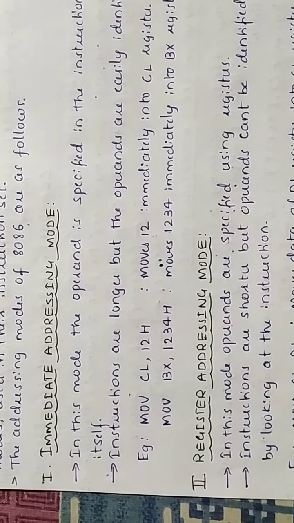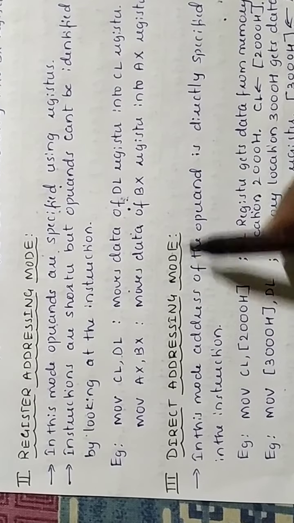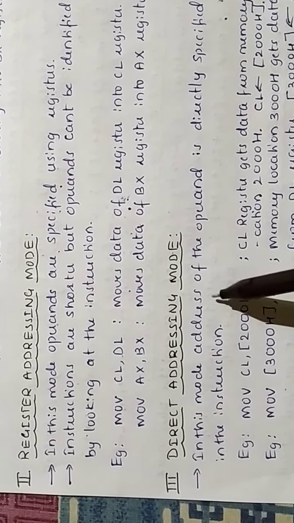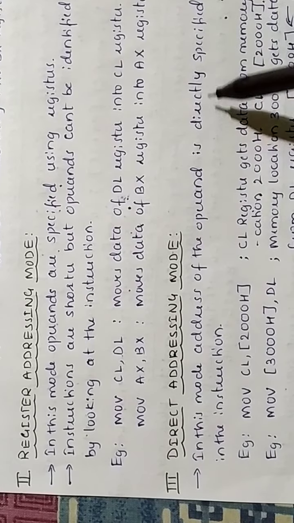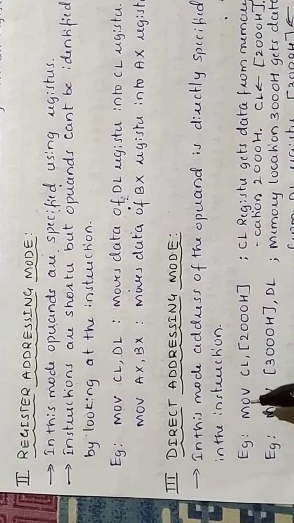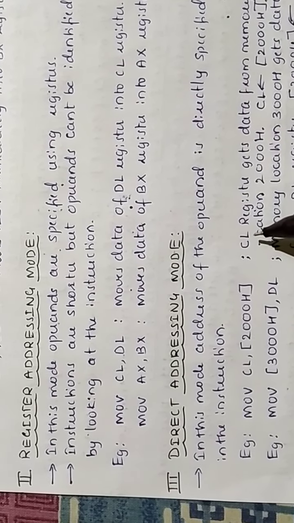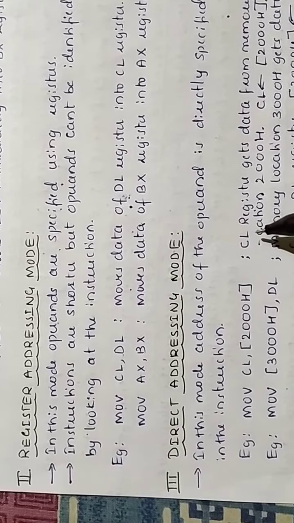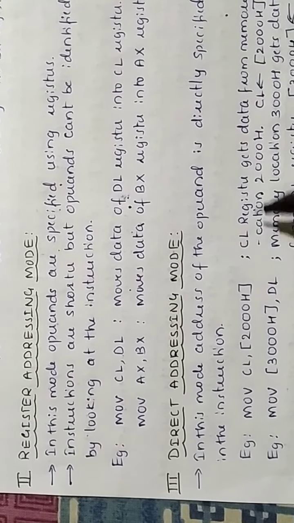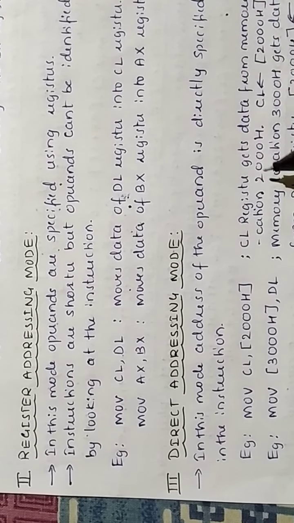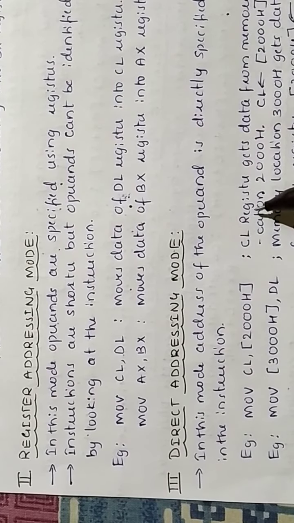Then the third one is direct addressing mode. In this mode, the address of an operand is directly specified in the instruction. For example, MOV CL, [2000H]. That means the location of the data, which resides in memory, is denoted directly.